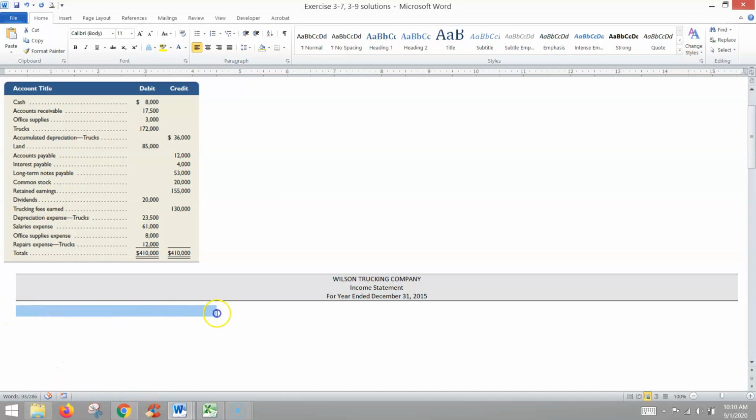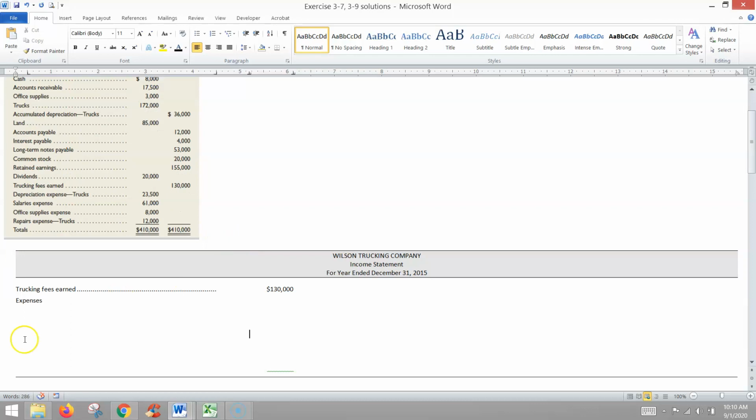So we begin with listing our revenue accounts. We have trucking fees earned here of $130,000. If we had more revenue accounts, we would of course list them. Then we're going to list our expense accounts. We have depreciation, salaries, office supplies, and repairs expense.